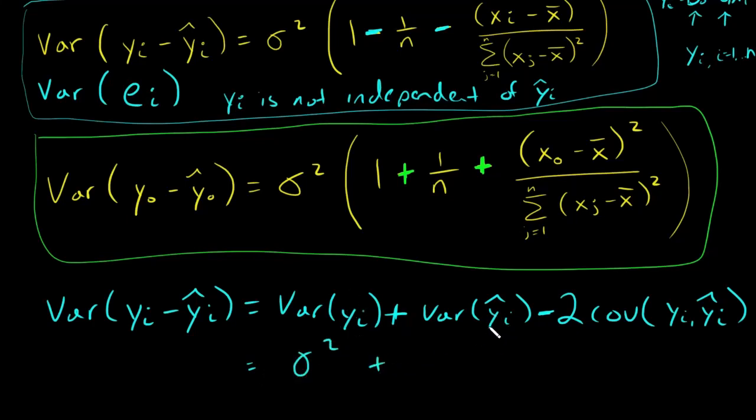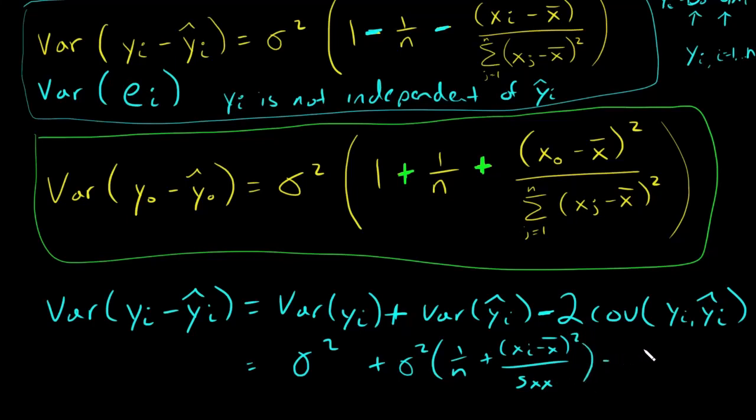The variance of yi hat is going to be sigma squared times 1 over n plus xi minus x bar squared divided by, instead of writing the denominator, let me write Sxx, the sum of squares for the x.